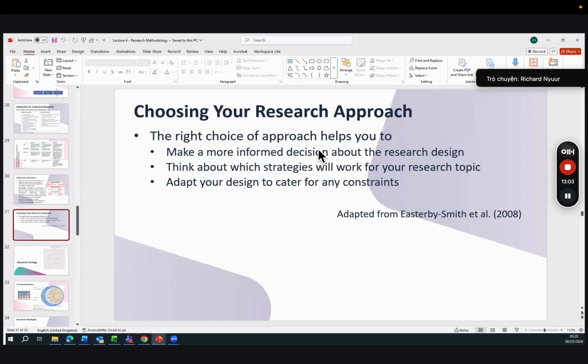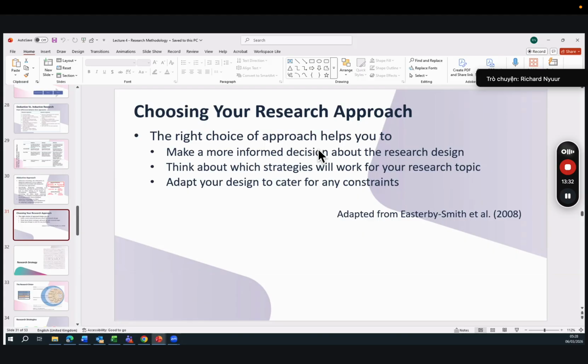In choosing your research approach, you need to think about how you're going to collect the data and what kind of data you need. That helps you make the right decisions in terms of the philosophical dimensions or orientation.